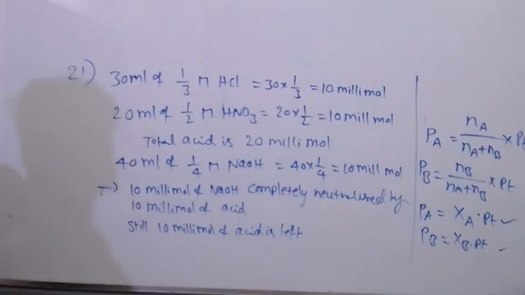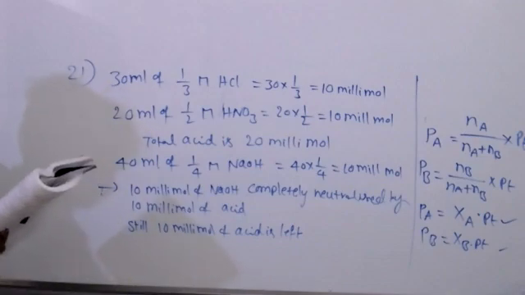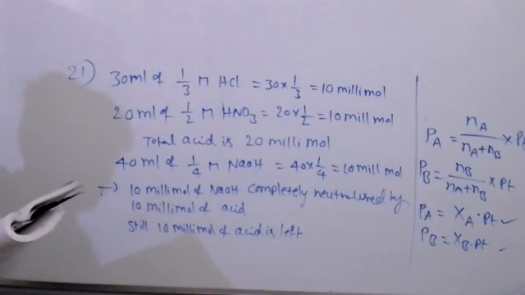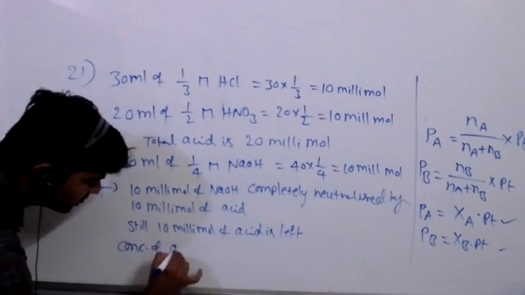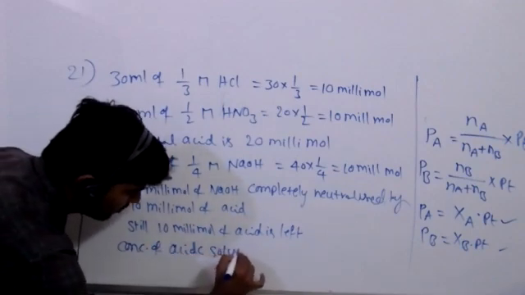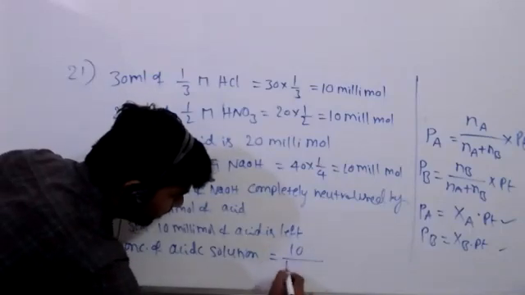These 10 millimoles are present in the total volume of solution, 1000 ml. The volume was made up to 1 decimeter cube, means 1 liter, 1000 ml. Now the concentration of acidic solution is 10 millimole divided by 1000 ml.